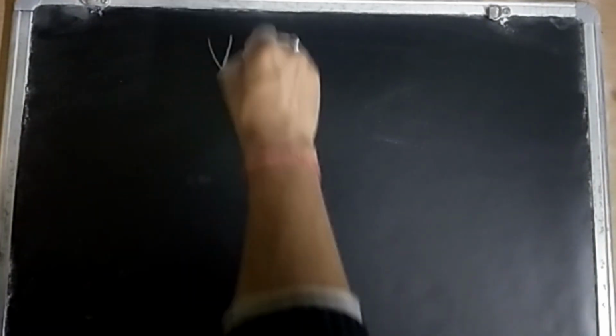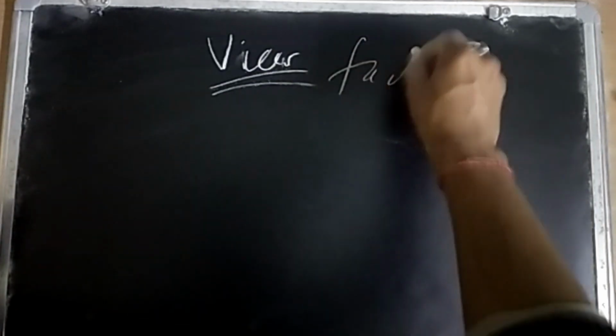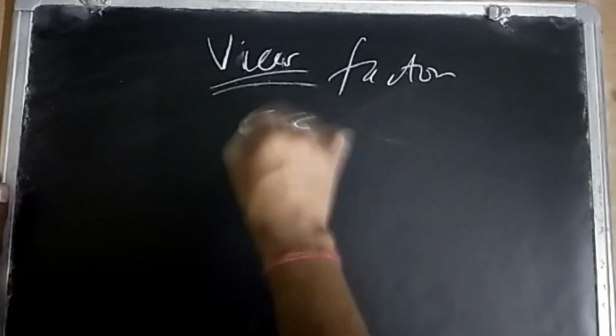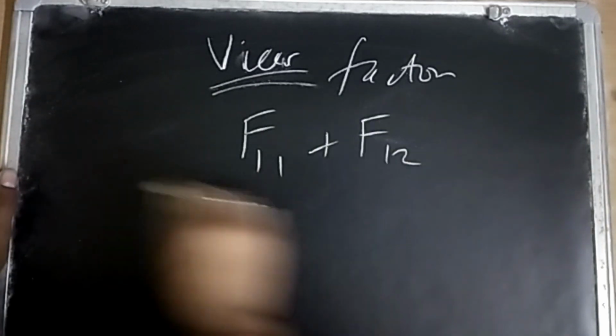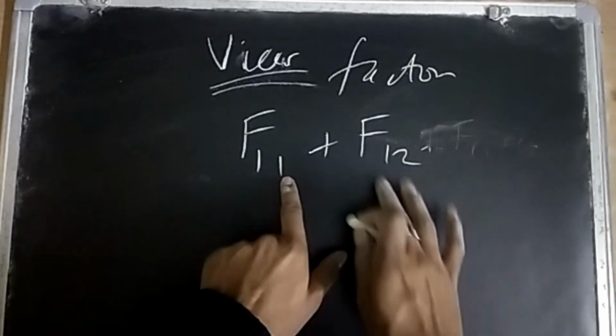And finally we have the view factor, or we can say form factor. Only remember two things here. One is F11 plus F12 if there are two bodies, or F11 plus F12 plus F13 and so on. F12 means from 1 to 2.